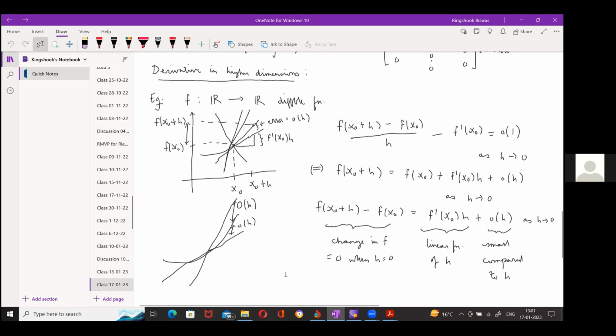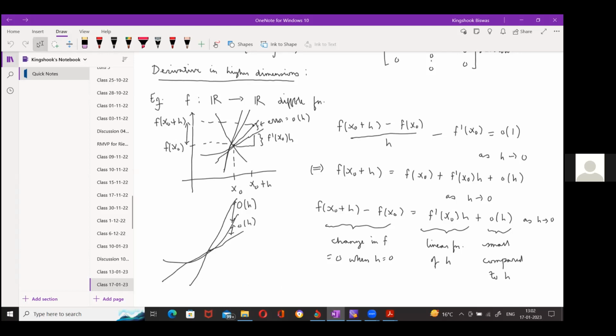So now that we have this formulation of differentiability, that the change in f should be a linear function of h plus an error term which is small compared to h, we can generalize this to higher dimensions.